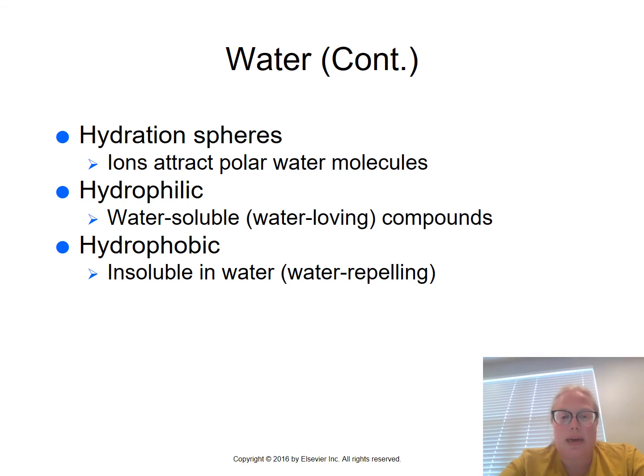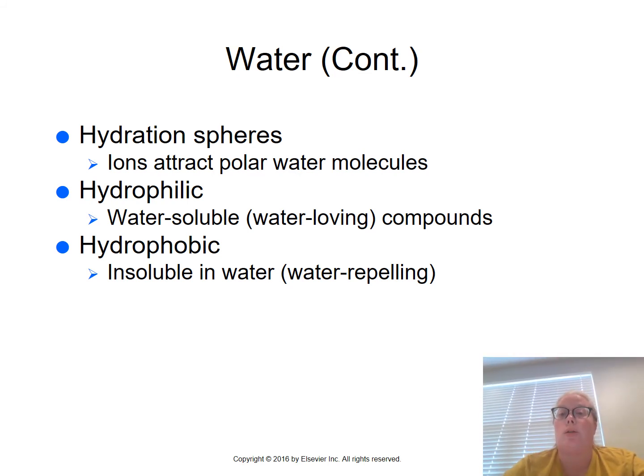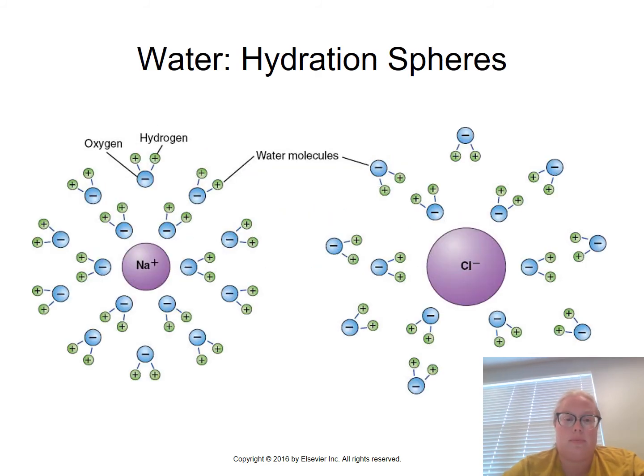Hydrophilic means it's water soluble, or they're water loving compounds, and hydrophobic means that it's insoluble in water or it's water repelling. Okay, and if you look here, you'll see that these are water molecules from hydration spheres around ions.